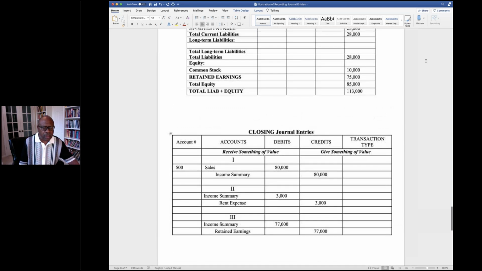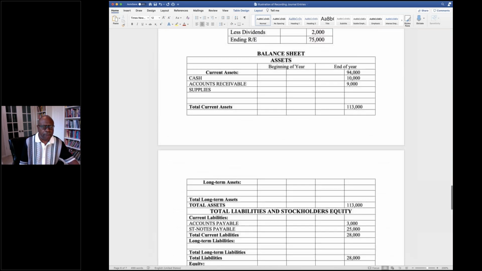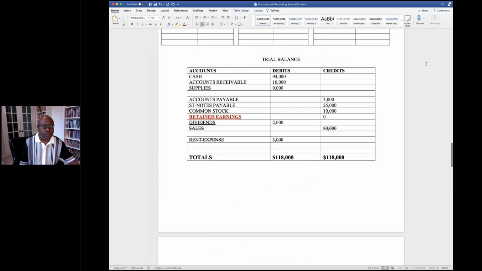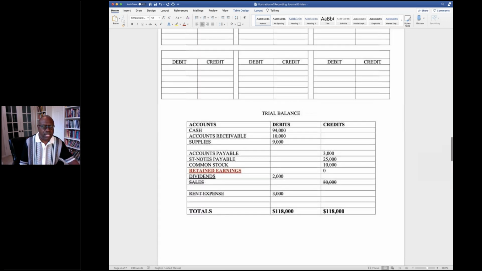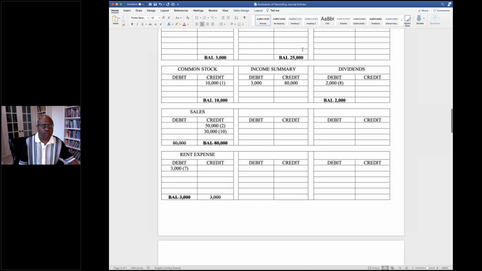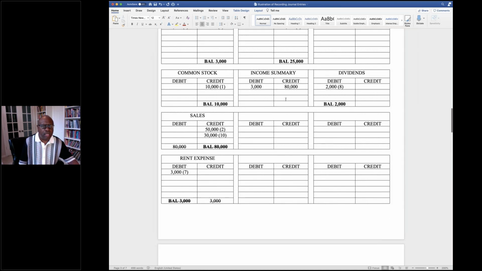Okay, so we want to now, let's go and post this journal entry. Let's remember retained earnings has a zero balance. And so we're going to debit the income summary, and we're going to credit retained earnings.